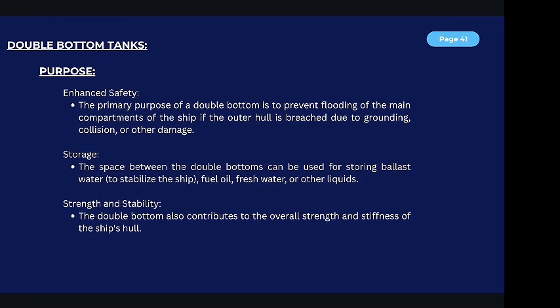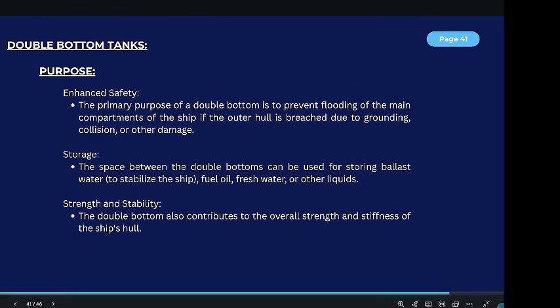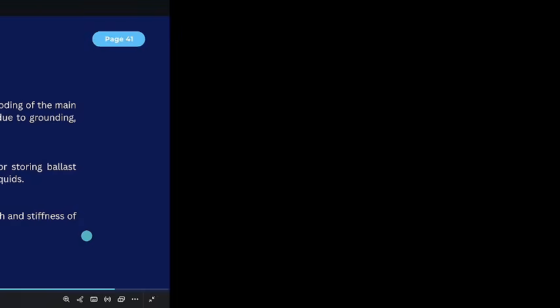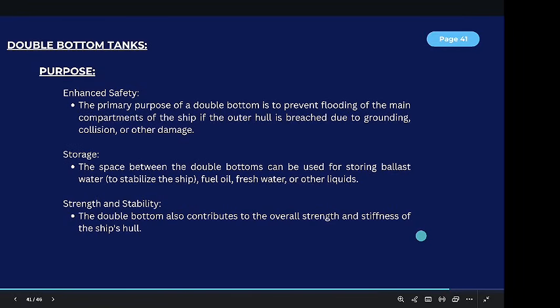Next is the storage. The space between the double bottom can be used for storing ballast water to stabilize the ship, fuel oil, fresh water, and other fluids.